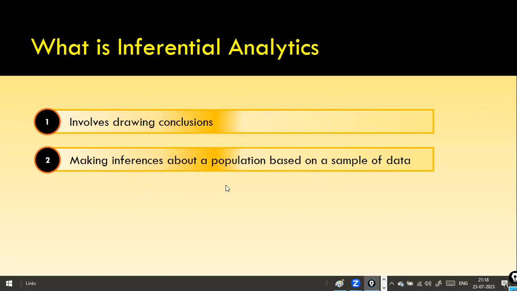The goal of inferential statistics is to use sample data to estimate the unknown characteristics of a larger population. First of all, I don't know the average height of the students in a college.